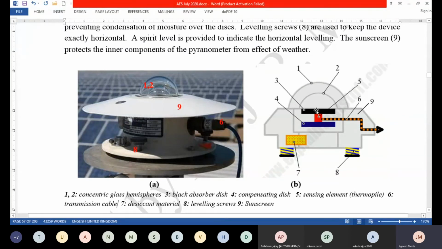So basically, radiation gets converted into heat. The hot junction is at a higher temperature, and the cold junction is at a lower temperature, or 0 degrees Celsius. A compensating signal is given by measuring the ambient temperature, and then the temperature gets converted into a millivolt signal, which is transmitted through this cable.